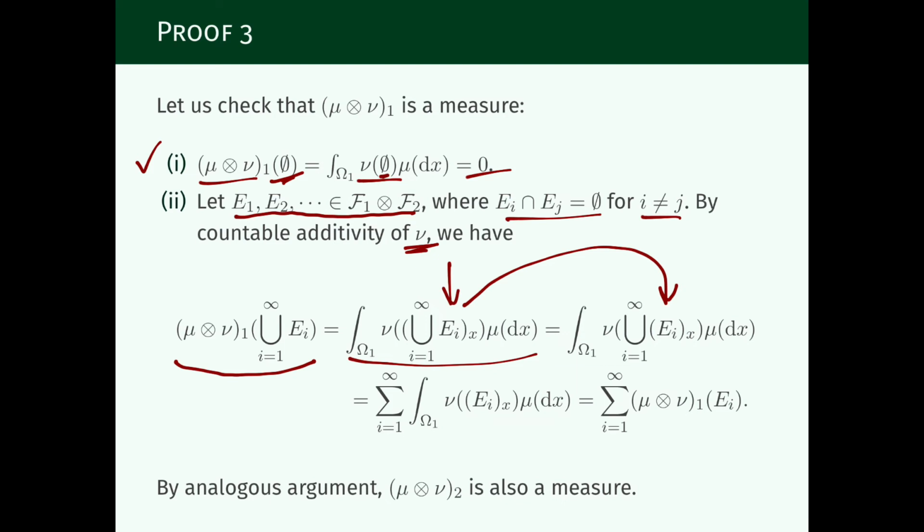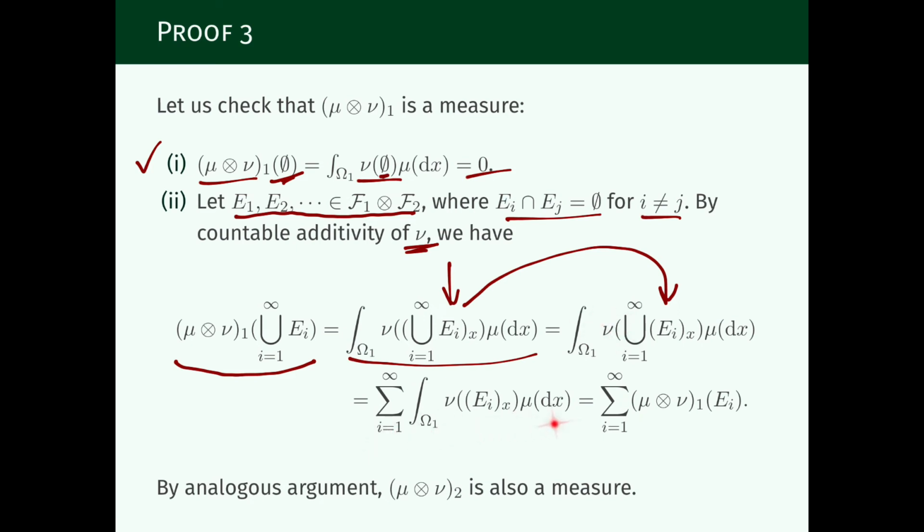And now, because these are disjoint, and nu is a measure, so it is sigma additive, this becomes a sum of the measures of the sections of E_i. And because the integral is an operator which is also sigma additive, the integral also goes out here, the sum also goes out here.